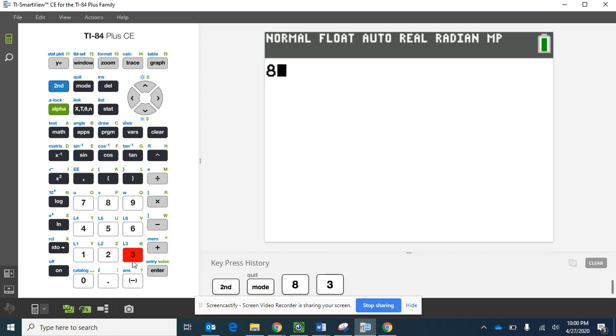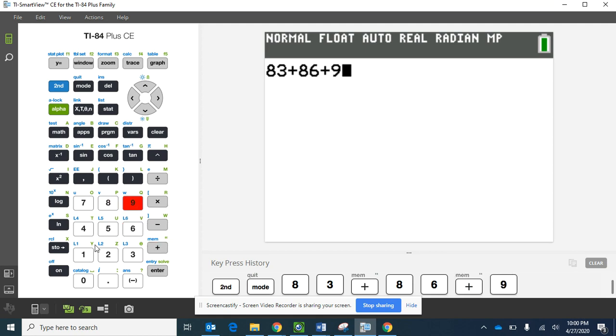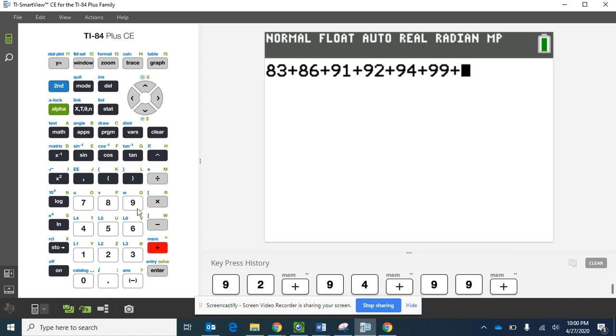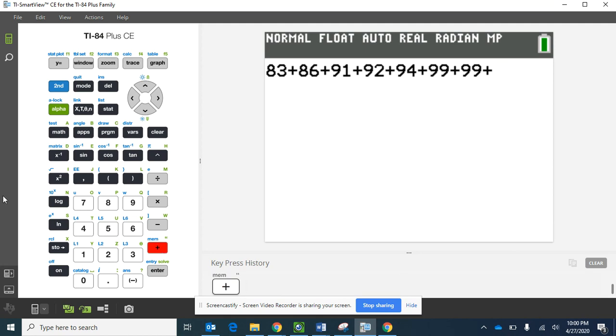I'm going to take 83 plus 86 plus 91 plus 92 plus 94 plus 99, and I have 99 twice, so I want to make sure I type that in 2 times, and then 100.